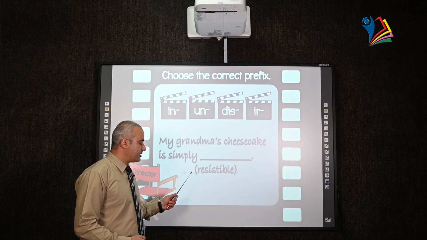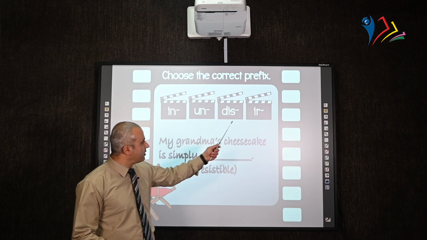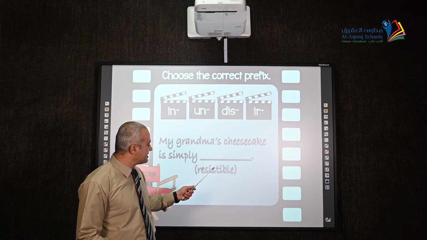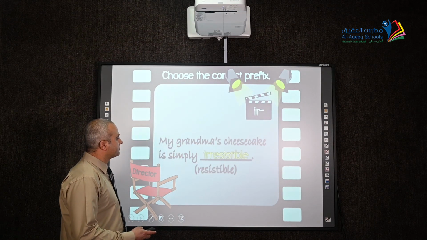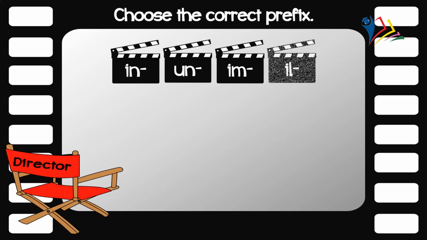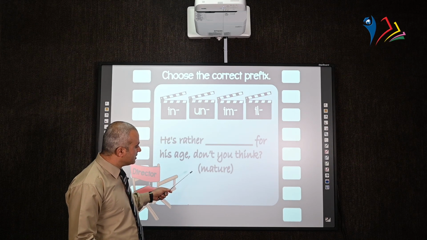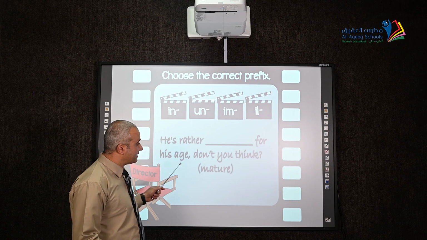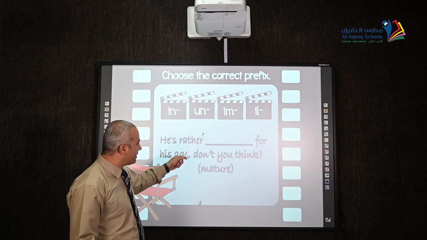The word root here begins with the letter R, so the correct one is to use ir with R, irresistible. Okay. In, un, im, il. He's rather immature for his age, don't you think? Mature begins with the letter M, so the right negative prefix is im, because the word root begins with M, immature.